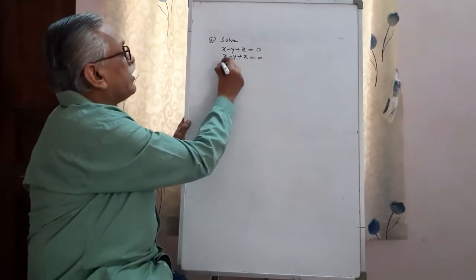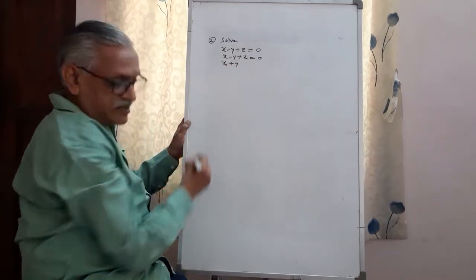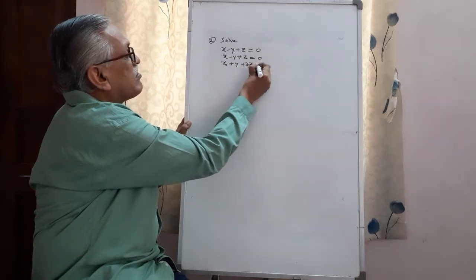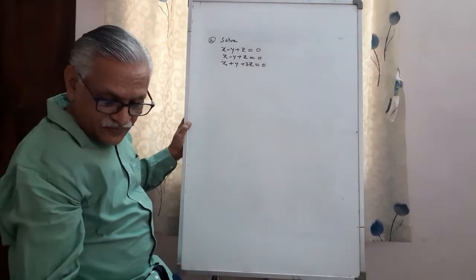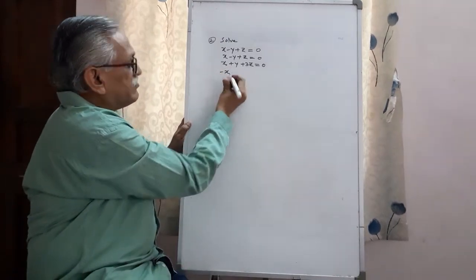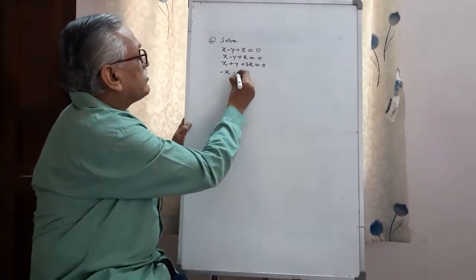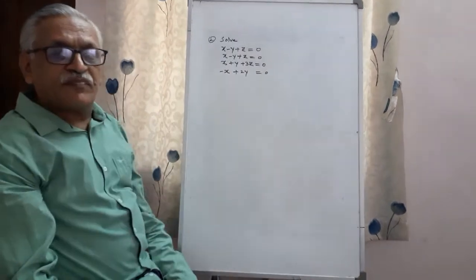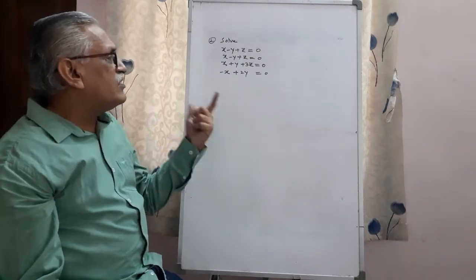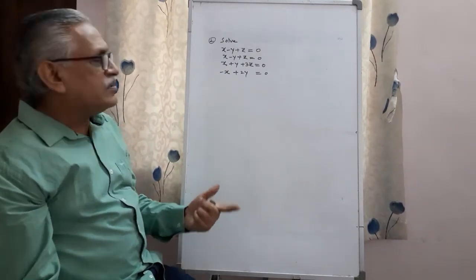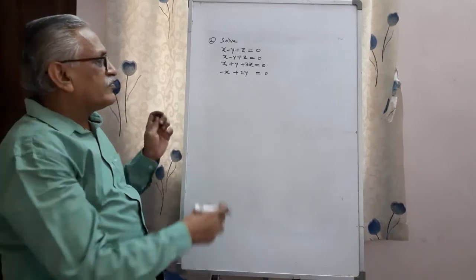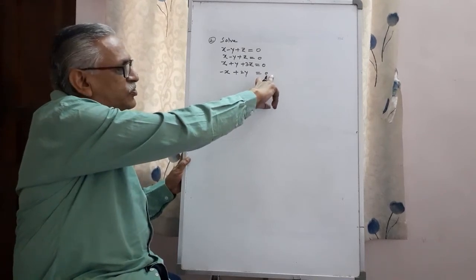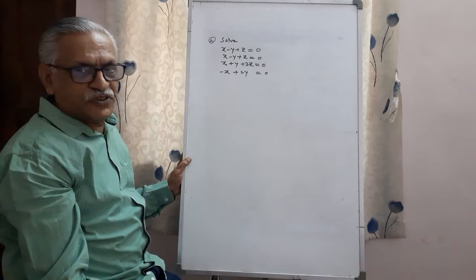Third equation is x plus y plus 3z equal to 0, and the fourth one is minus x plus 2y equal to 0. Here we have 4 equations in 3 unknowns. The 3 unknowns are x, y, z. If you once again observe, the values on the right hand side are all 0. That's why its type is homogeneous.